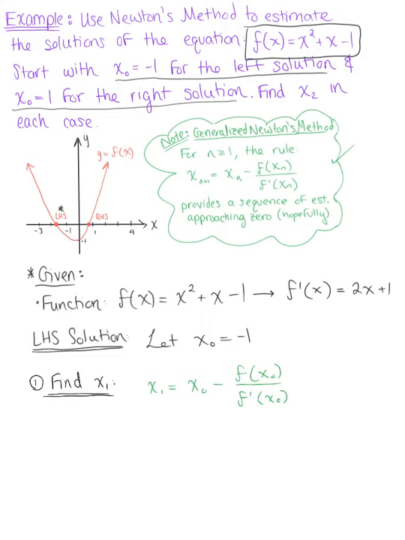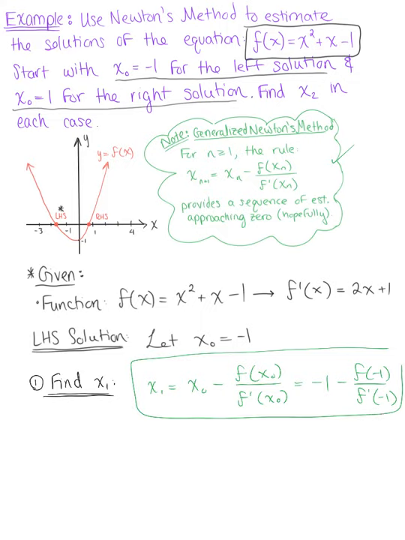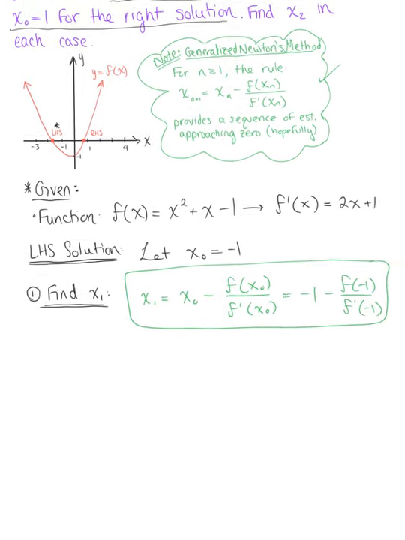So in this specific case, this is going to be negative 1 minus f of negative 1 all over f prime of negative 1. So let's start by finding the individual pieces here.